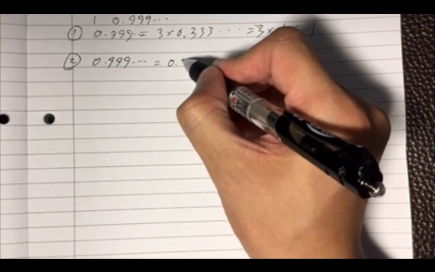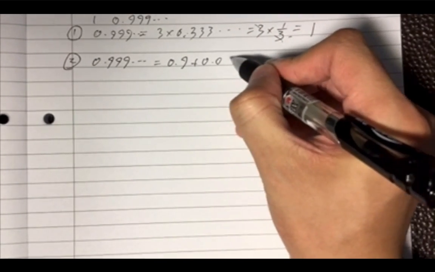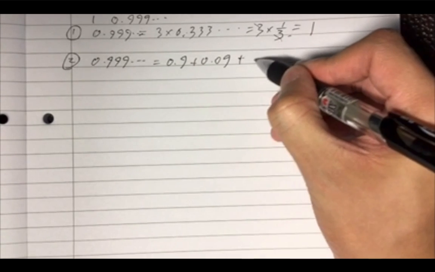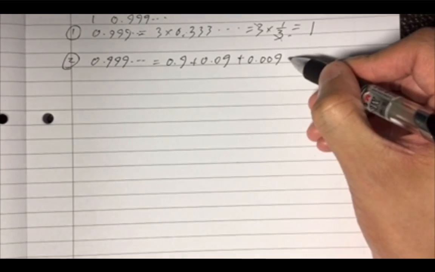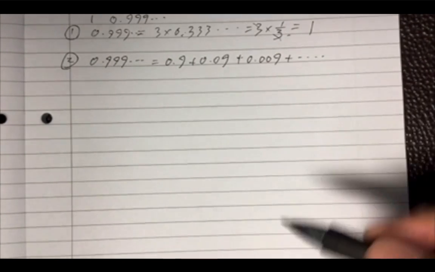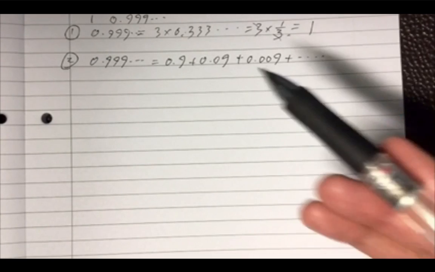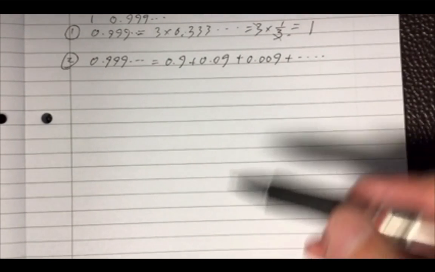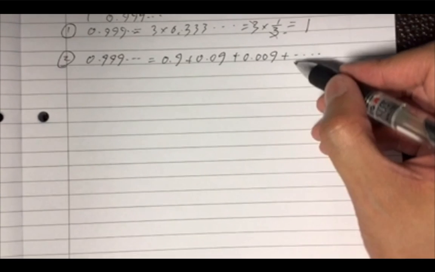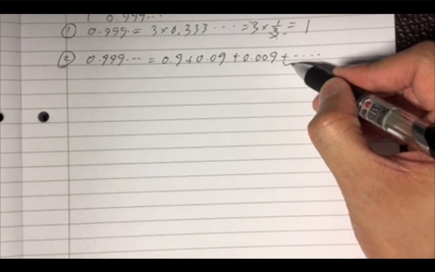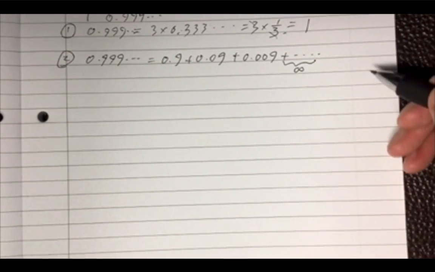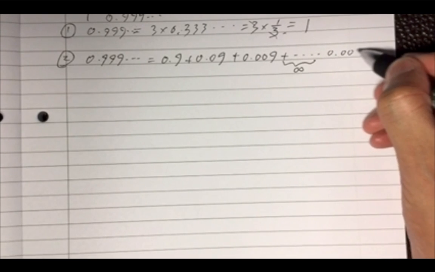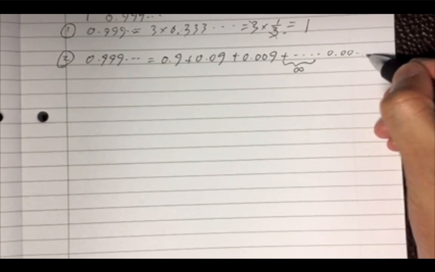It's 0.9 plus 0.09 plus 0.009 plus dot dot dot. You don't know how many digits are in between the first and last. So we just say they are infinite. What is the last? 0.00 dot dot dot.